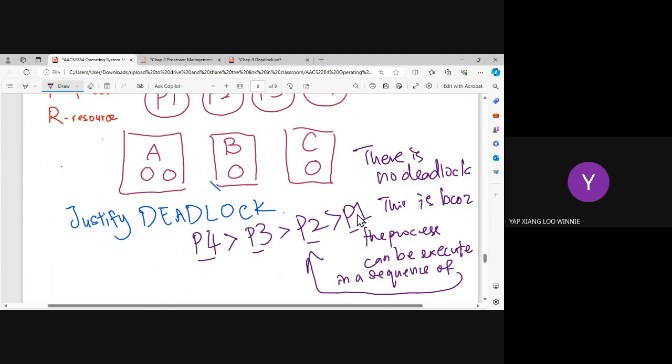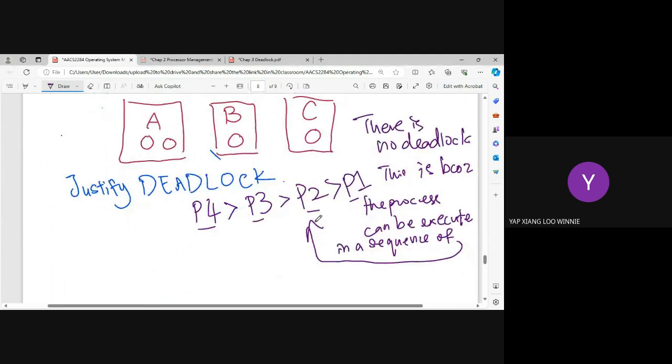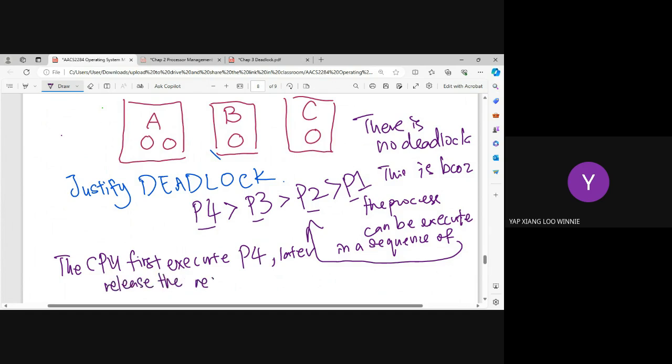Or if you have your tutorial answer, I believe if you study, you will see that the CPU first executes process 4, later releases resource C, which is used by process 3 to execute.